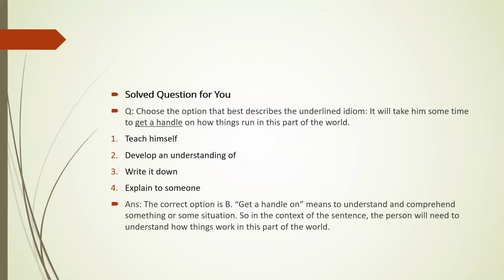Get a handle means to teach himself, develop an understanding of, write it down, or explain to someone. The correct option is B, to understand or comprehend something or some situation. So in the context of the sentence, the person will need to understand how things work in this part of the world.